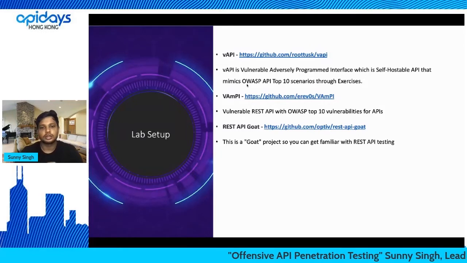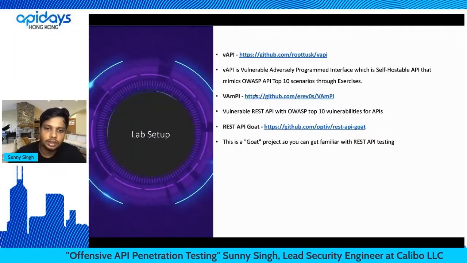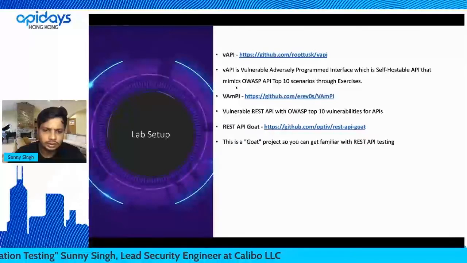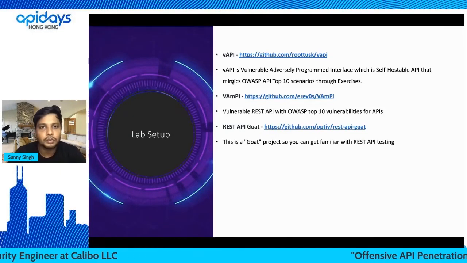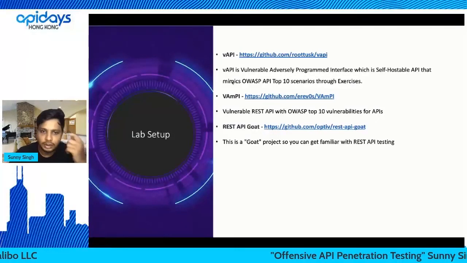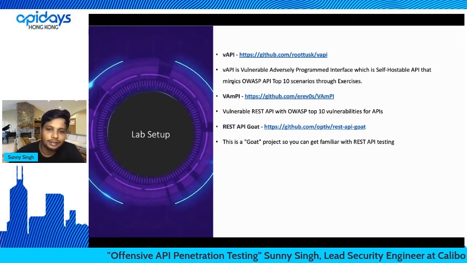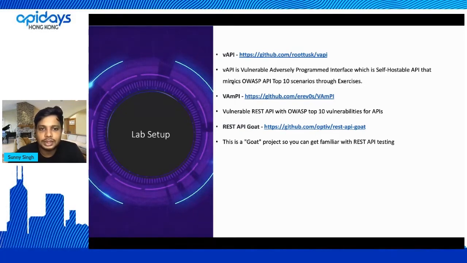We'll talk about the OWASP Top 10 in a coming slide. These are REST APIs, and they can be imported in Postman, and then a security professional can start practicing how to crack these APIs. I definitely don't want you to be an attacker.